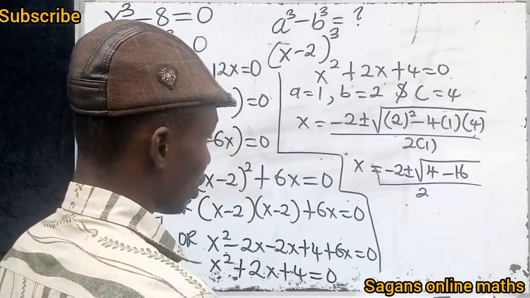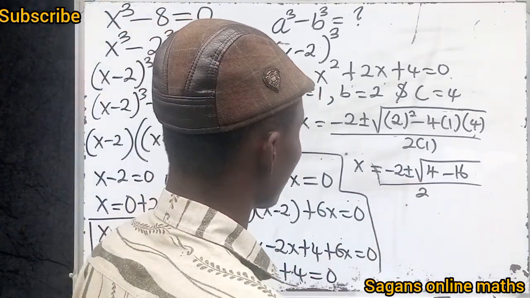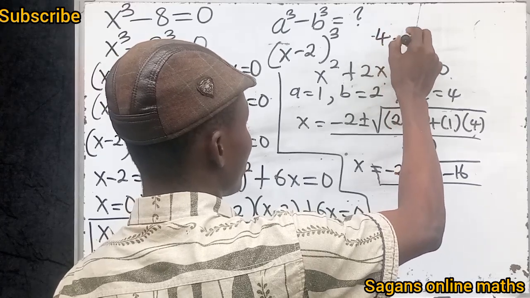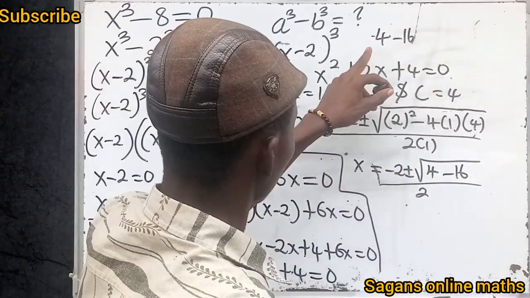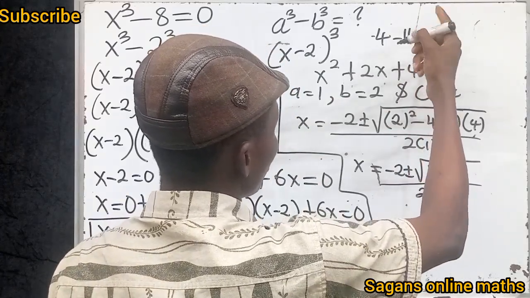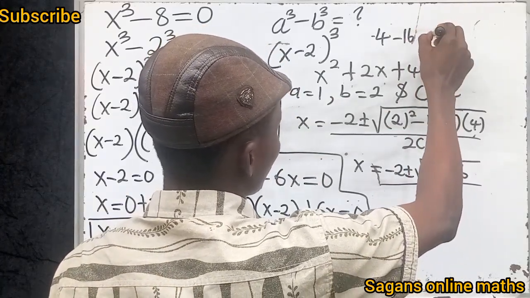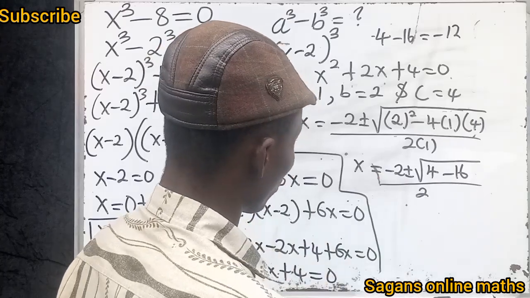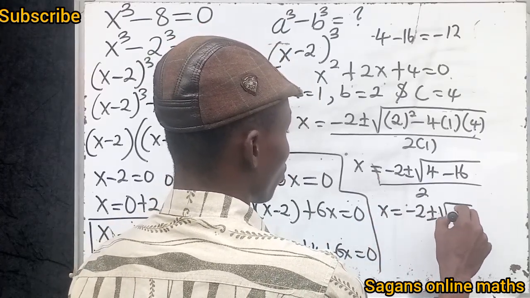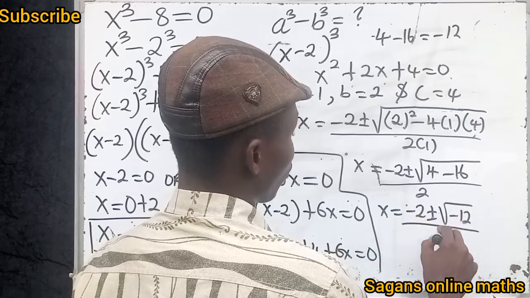So 4 minus 16 gives us minus 12. So x equals minus 2 plus or minus the square root of minus 12, divided by 2.